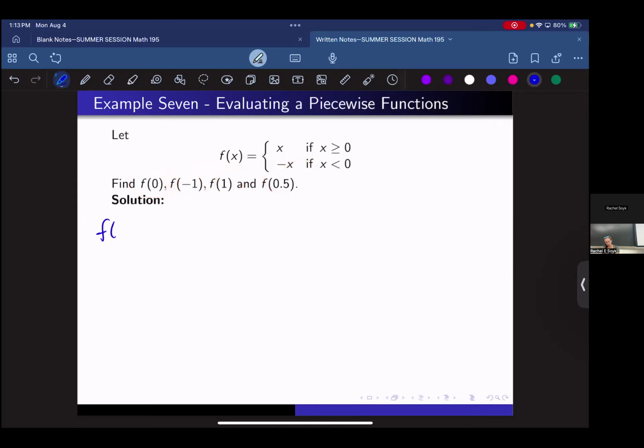So when x is 0, we're looking at this top function, right? When x is greater than or equal to 0, what do we get? We get x.